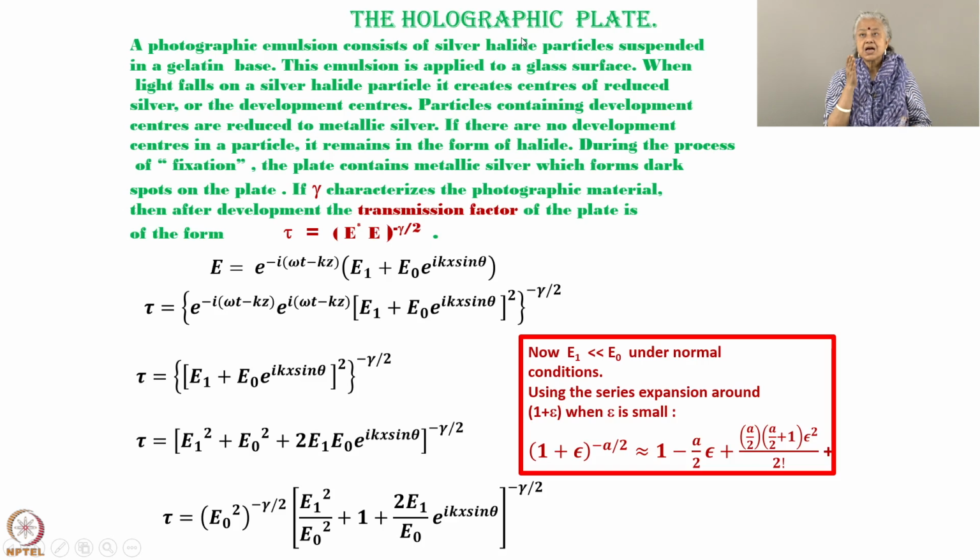We have taken a glass plate or a rigid surface because when the light is falling on this rigid surface, the phase is recorded very accurately. If it is a moving thing like a thin film which is moving, then the phase changes.